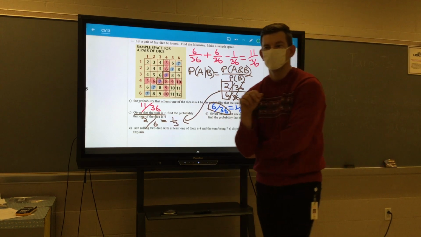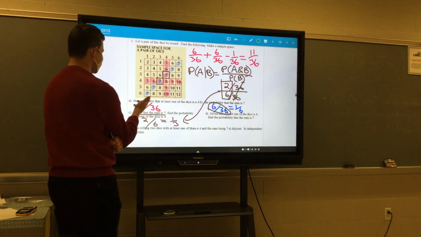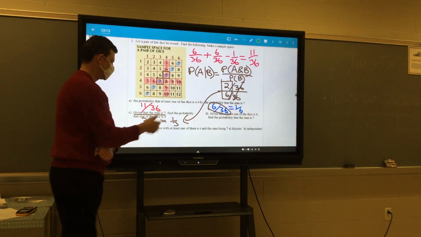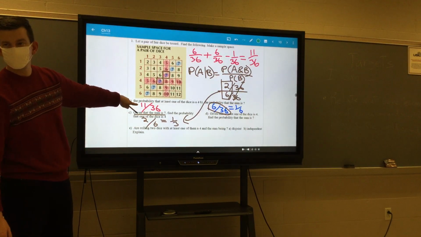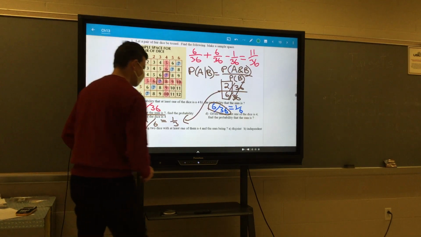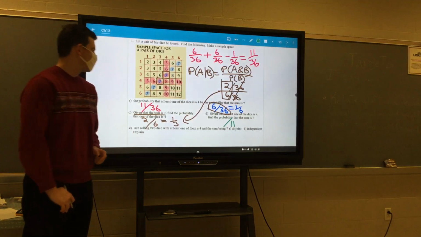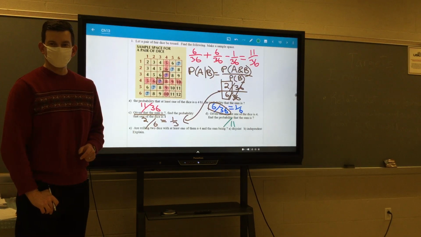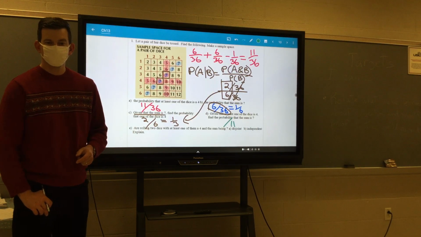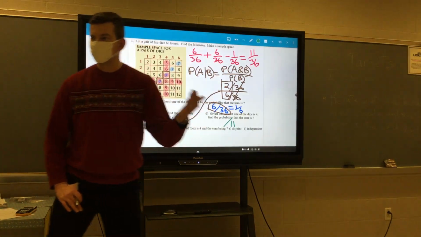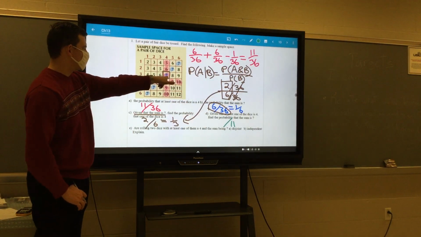Well, we're looking at how many blocks are pink. We already have this. It was letter A. There were 11 of them. We had 11 pink blocks. Of those 11 pink blocks, how many are also blue? It doesn't matter if it's blue and pink or pink and blue. It's those same 2.